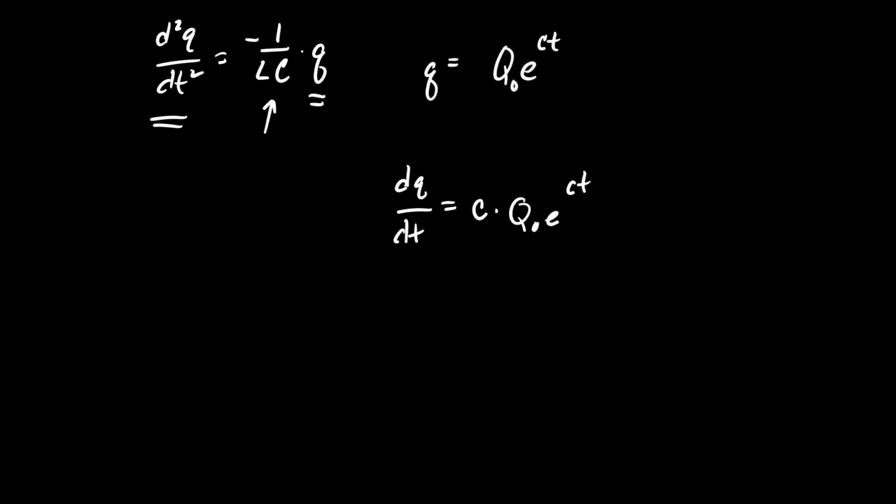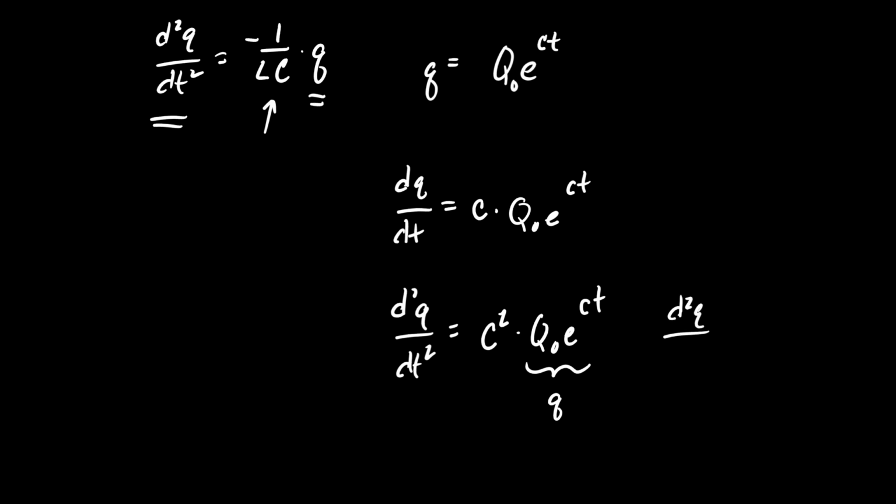We take the second derivative of this function. We'll get c squared times q naught e to the ct. Well, this is all q, right? The original function. So if I look at what we've created by guessing at a starting point, I would be able to say that this function looks like d squared q over dt squared equals c squared times q.